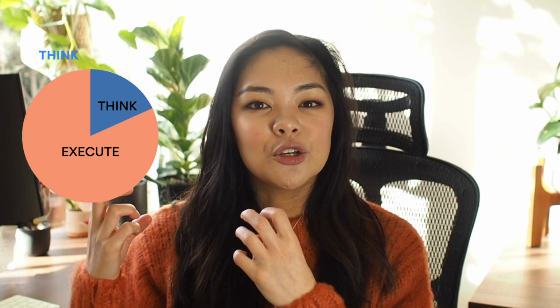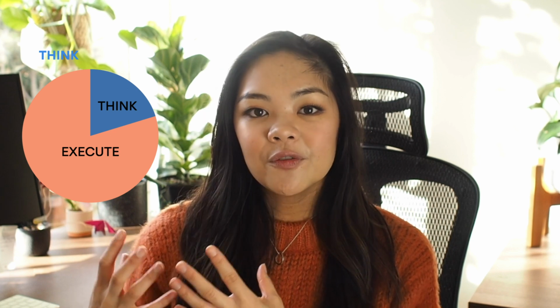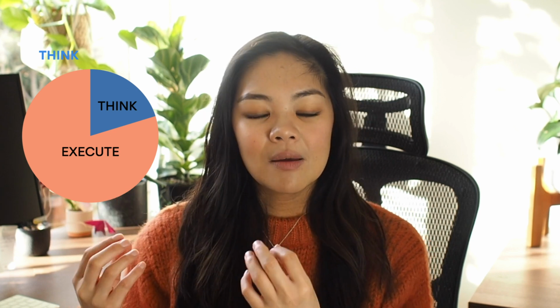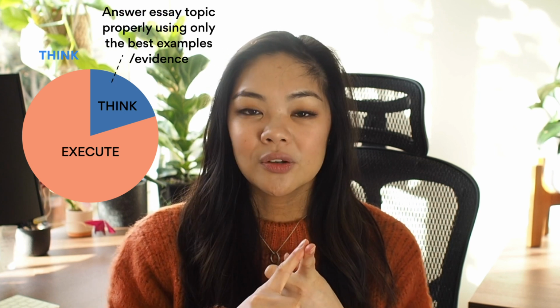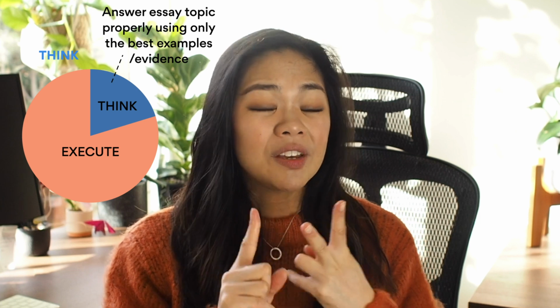But if you take the time to actually think about your essay topic, which is to brainstorm properly, to plan it properly, then you give yourself the opportunity to really think about it and ensure that you answer the essay topic as best as you can. So that means using the best type of examples possible.